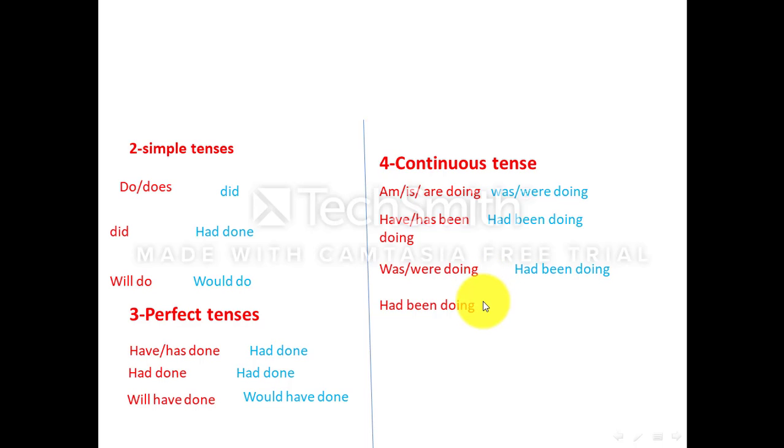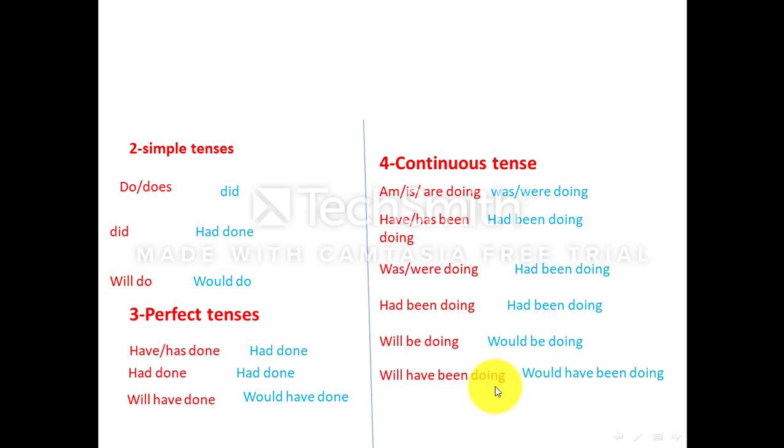And had been doing changes to had been doing or stays the same. Will be doing changes to would be doing. Will have been doing changes to would have been doing. Used to, other, not related to continuous tense: these other words, used to, no change. They will stay the same, used to.